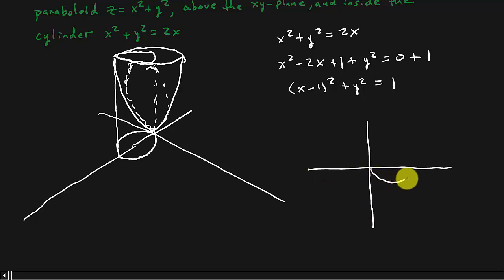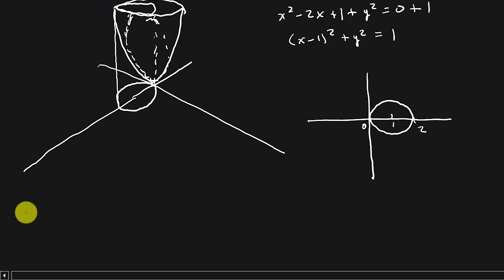Okay, if we look at this, this is a circle centered at 1, 0. That's 1. That's 2. It has a radius of 1, so we know it touches right here. All right, and so we've got the integral over the region D, x squared plus y squared dA is equal to, now think about this.